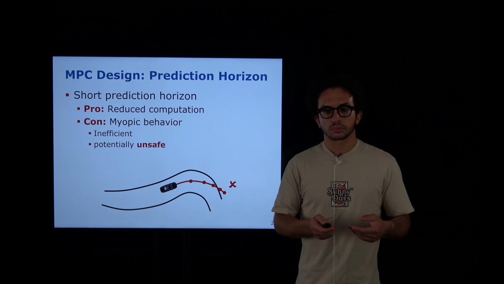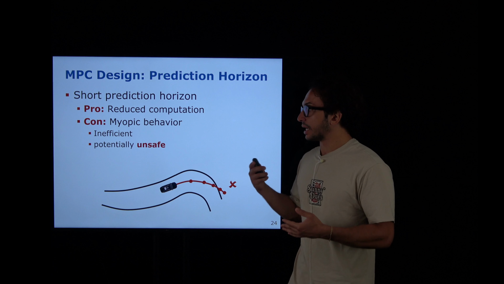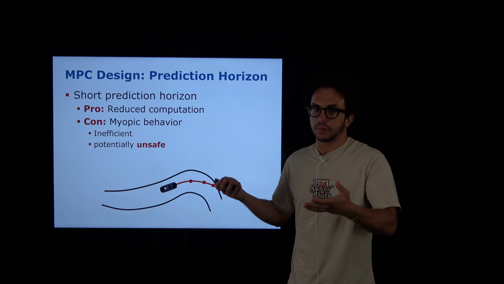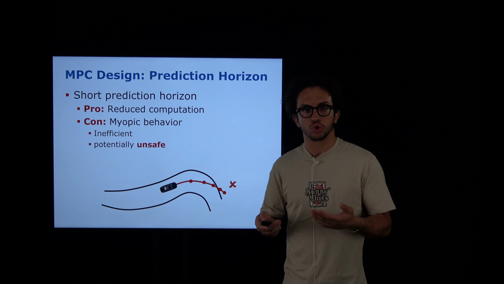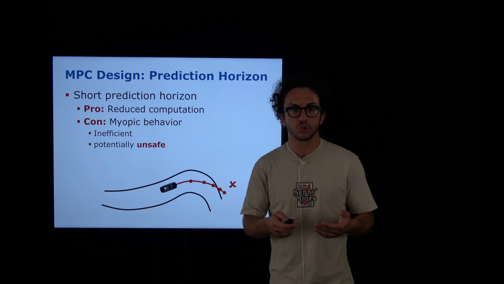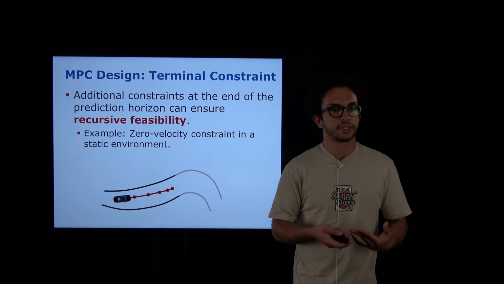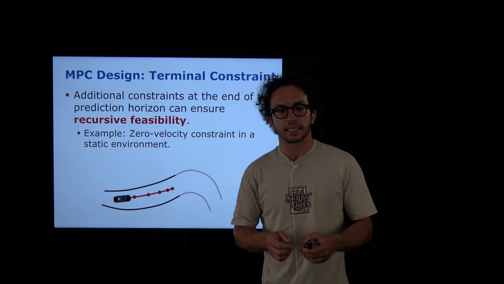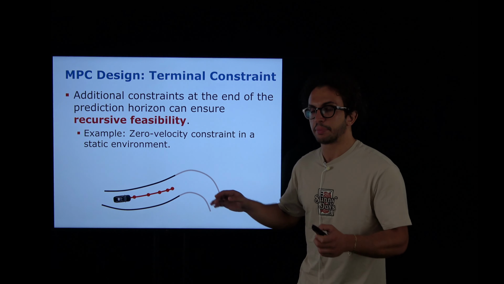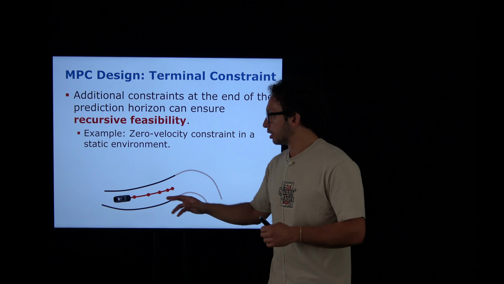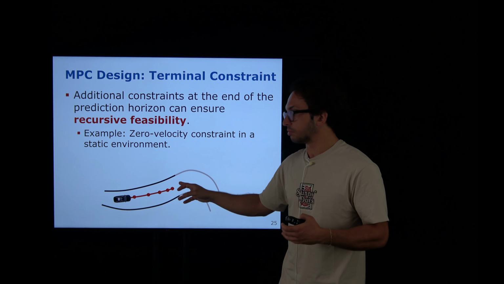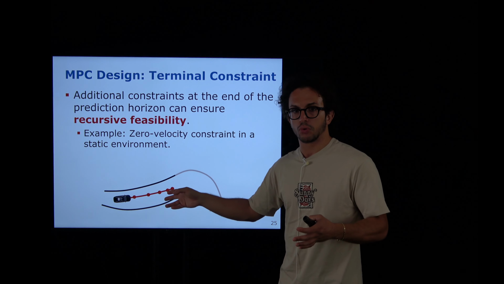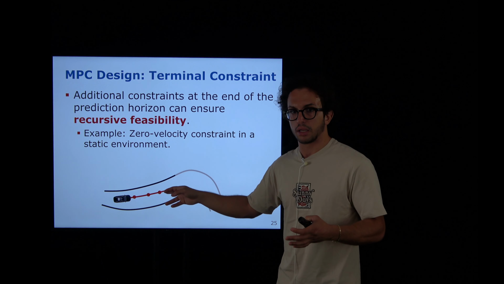One way to address it is, of course, not having the horizon too short. The other way to address it is also to include something in the optimization that tells you, okay, let's make it as safe as possible. So I know that we have a very short horizon, so I know that basically after this there might be a turn, I don't know, and this might cause problems.